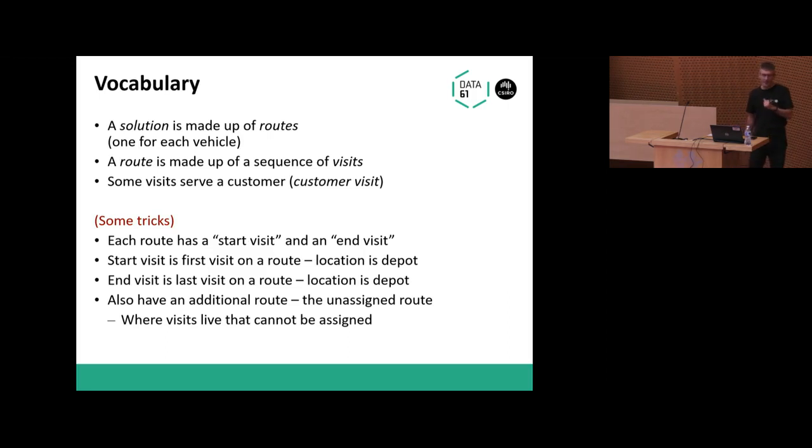Now, the nice thing about that is that I don't have to play around with special cases for the start visit. All the visits just have a successor and a predecessor, and I can treat them identically. And I've got one additional route, which is the unassigned route. So that's where I put everybody while I'm thinking about where to insert them.